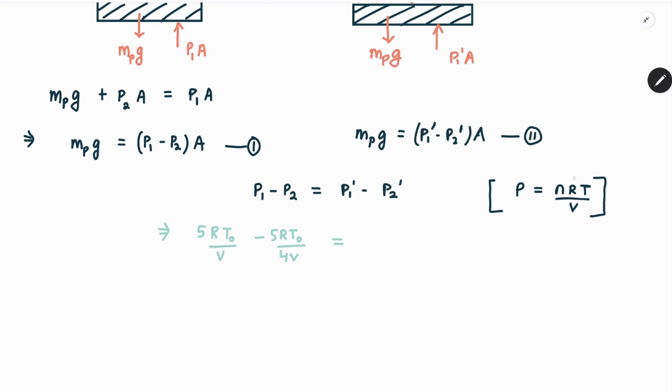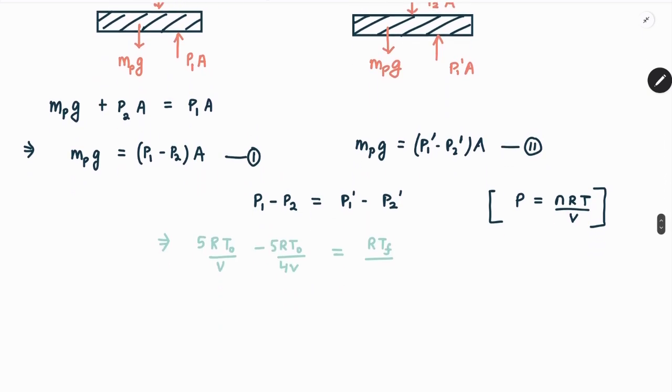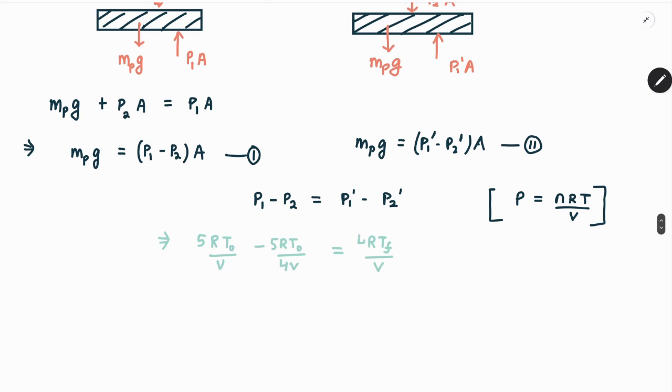This is equal to P1 dash minus P2 dash. So P1 dash is 1 R T final by volume V1 dash, and V1 dash is V by 4, and then minus R T final upon 3V by 4.